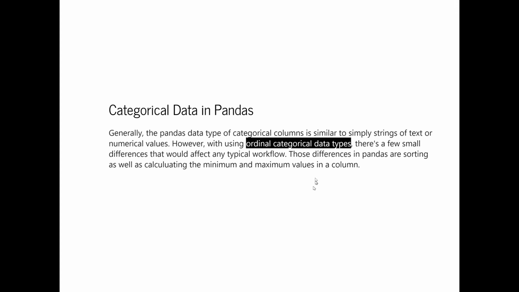For example, if we define an ordinal categorical type, not only will we be able to tell the difference between values, but we'll also be able to sort the values and figure out minimum and maximum values in columns of these ordinal categorical values. Let's see how that goes.